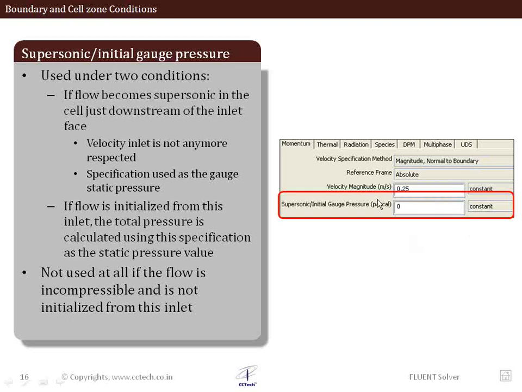So if you want to initialize from, say, this velocity inlet, then everywhere in the domain the velocity will be assigned to be 0.25 meter per second according to the direction of the inlet through which the flow is coming in, and this static pressure which you specify will be given as the static pressure everywhere in the domain. So only in these two cases it will be used.